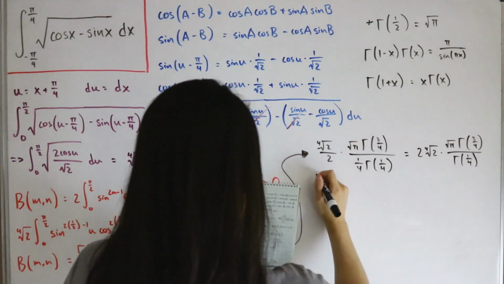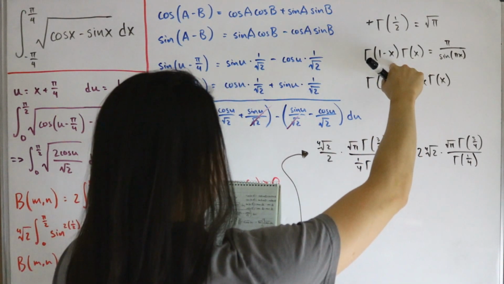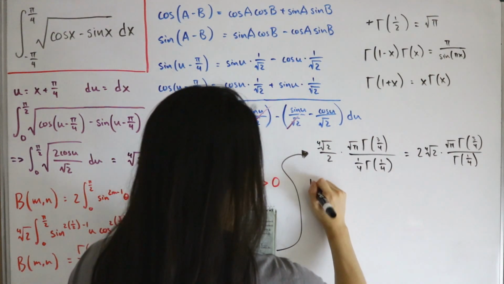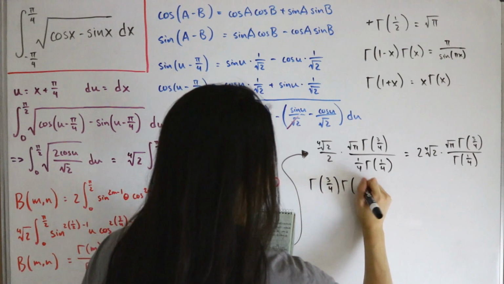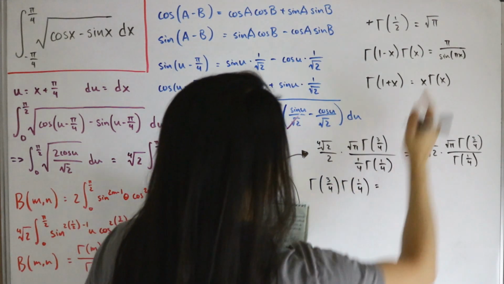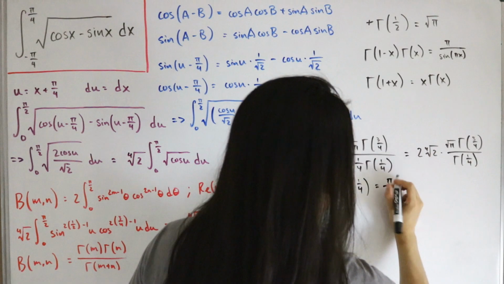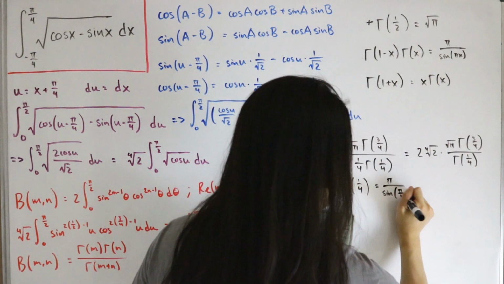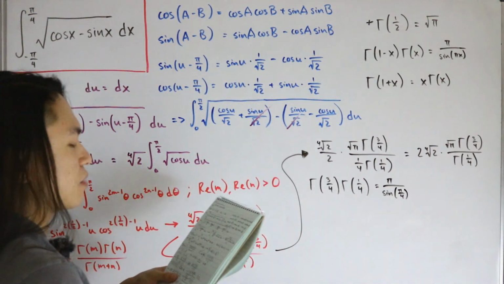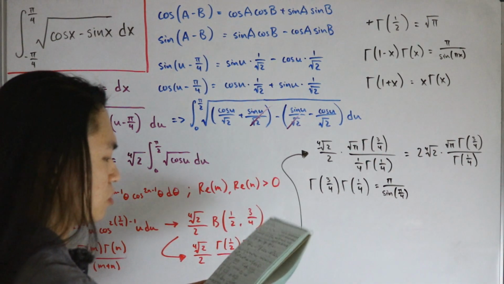If I let 1 over 4 be x, then gamma of 3 over 4 times gamma of 1 divided by 4 equals pi divided by sine of pi divided by 4. Sine of pi over 4 is 1 divided by the square root of 2.